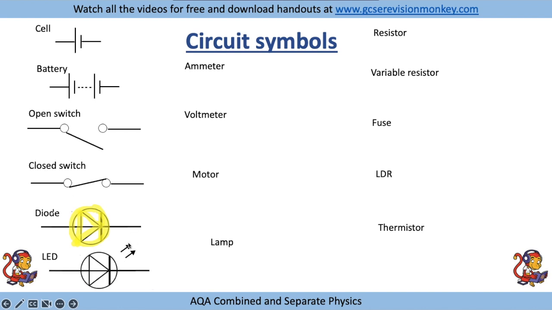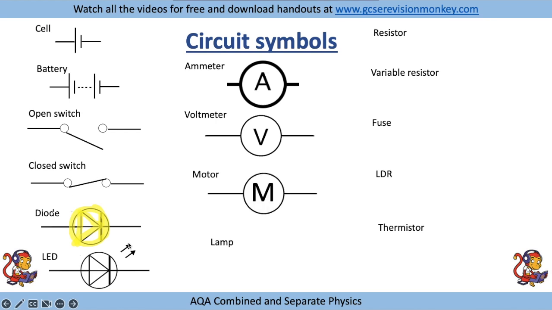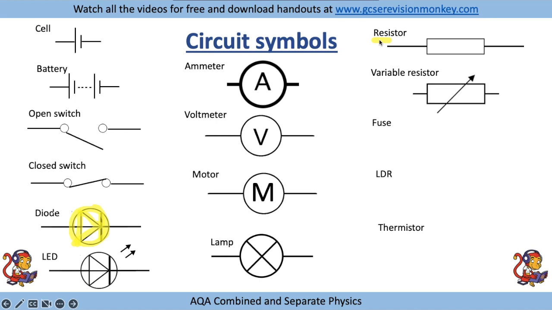Then you've got the ammeter, the voltmeter, and I've just put motor in, not because you'd necessarily be asked to recall it, but just because you might see it amongst a circuit in an exam question. That is a motor. You've got a lamp, and then the rectangles. The resistors are the ones with the rectangles. So a normal resistor is just a plain rectangle. A variable resistor has an arrow through it.